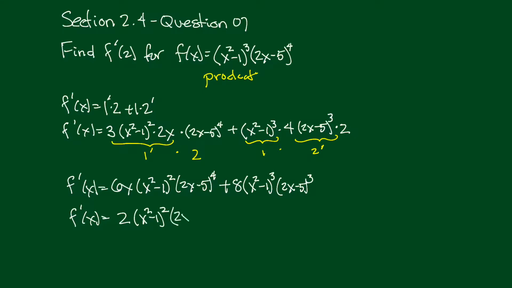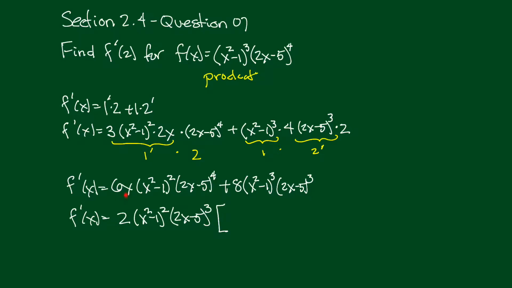And then I've got that 2x minus 5. Now there's 4 of them here, only 3 of them over here. So there's at least 3 in common. So we'll take those out: 2x minus 5 cubed. And now that we've factored that out, what's left here?